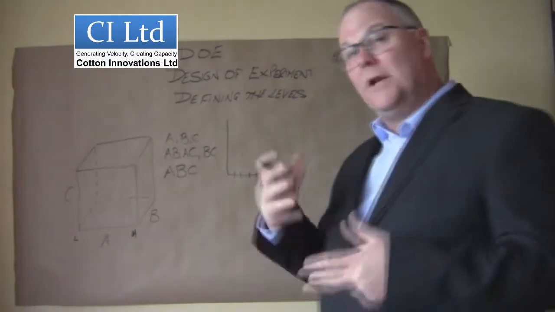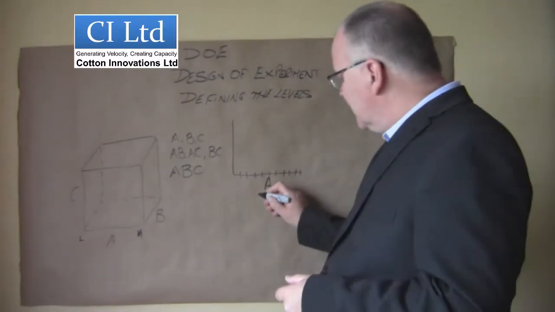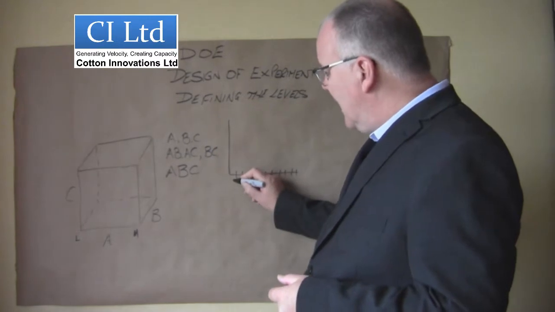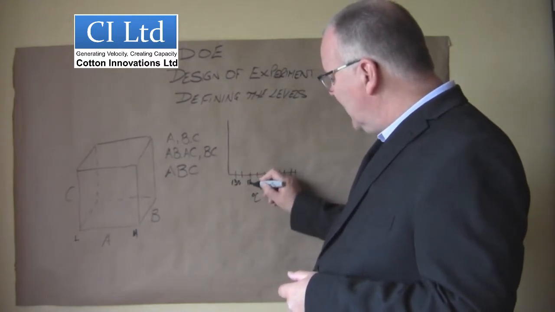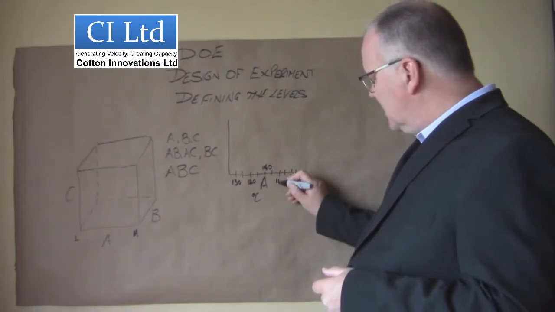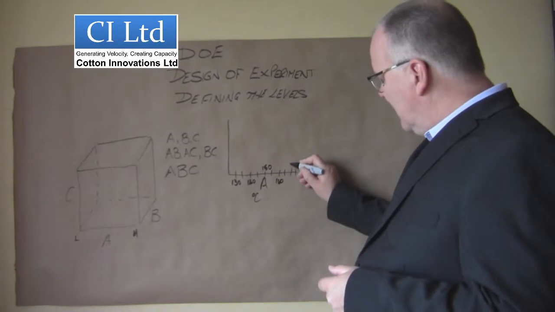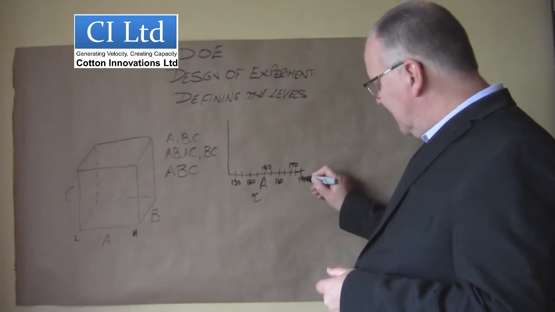So I would need to know what is the minimum. So maybe we're working in degrees centigrade: 130, 140, this would be 150, this would be 160, that would be 170, and this one here would be 180.